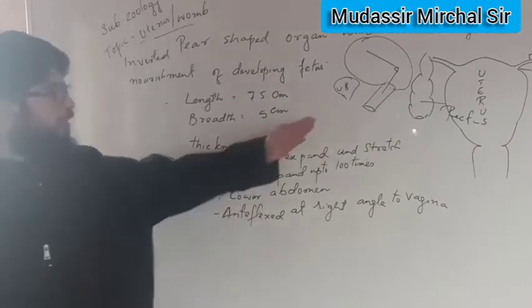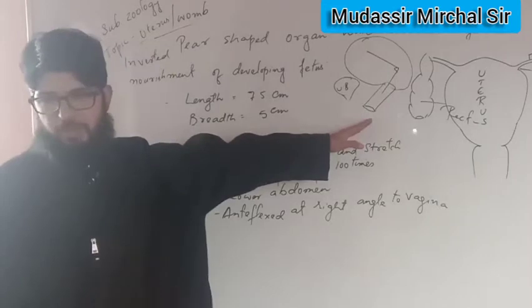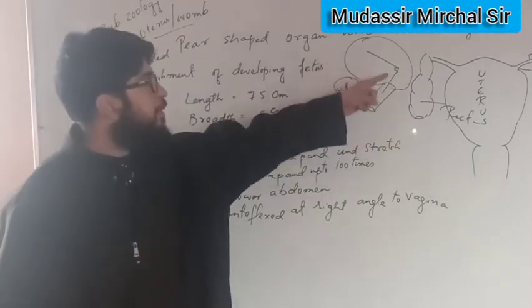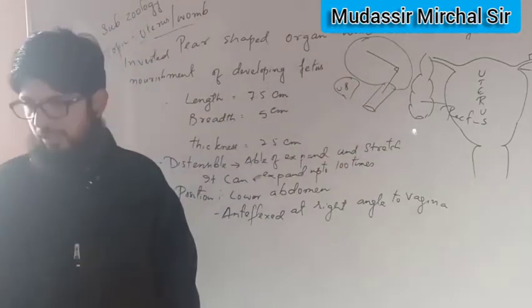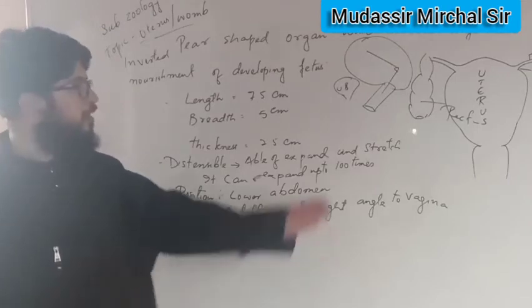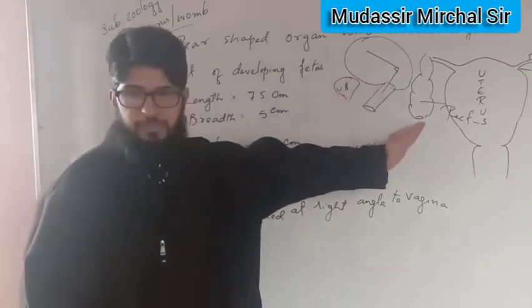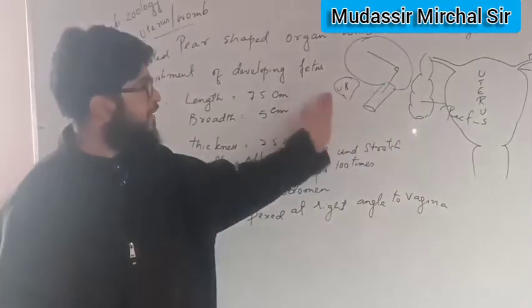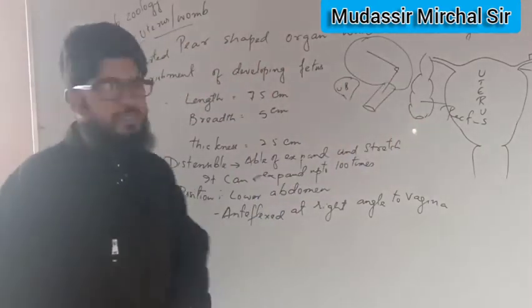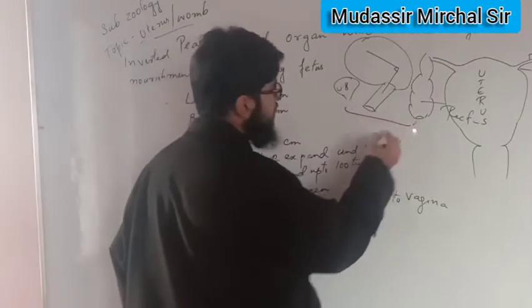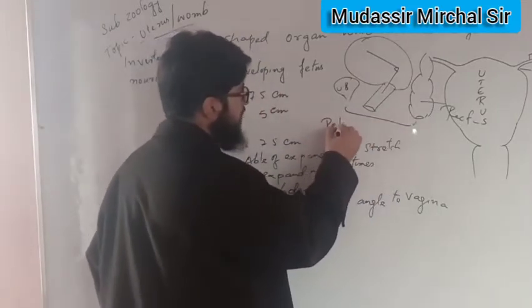Vagina is the female copulatory organ. Okay, इसके 90 degree पे होता है the uterus, that's what we call as anteflexed, और इसके आगे है urinary bladder और इसके पीछे है rectum. Rectum, uterus and urinary bladder, all these organs can be called as pelvic organs. Catch one?